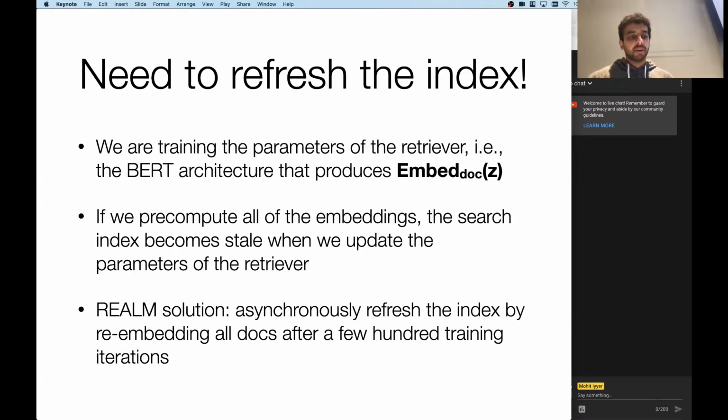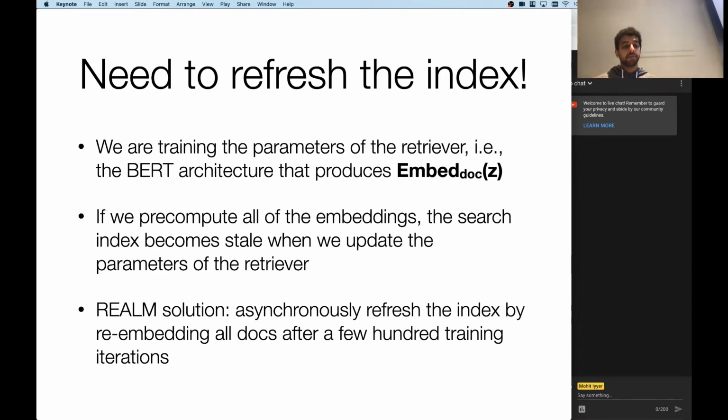So what they do in Realm is kind of another hack to get around this, where they know that it's way too expensive to refresh their index every single batch. So what they do is every 100 batches or something like that, they will re-embed all of Wikipedia using their updated document embedding model.